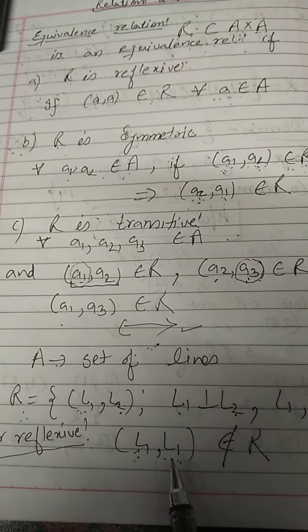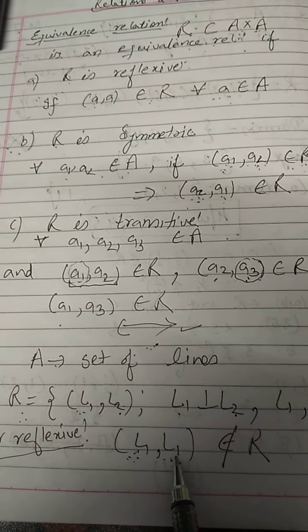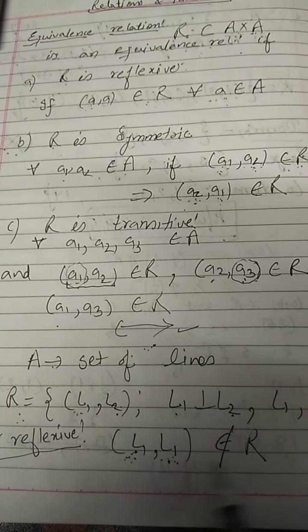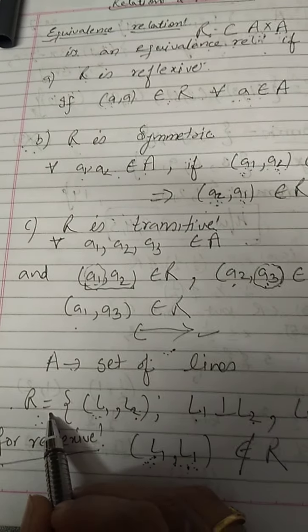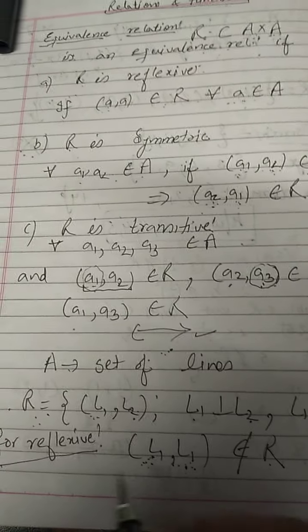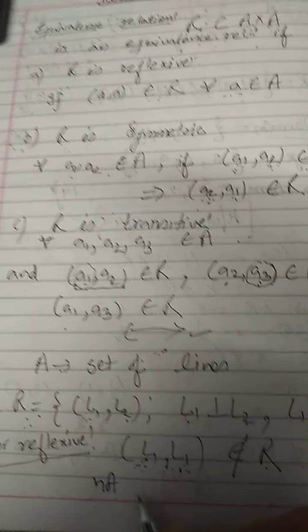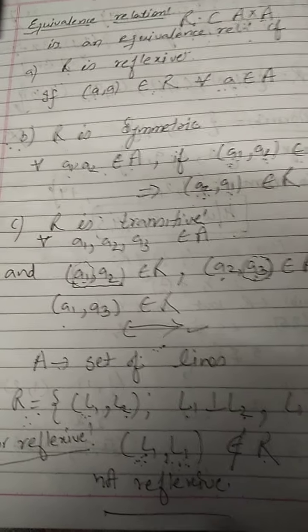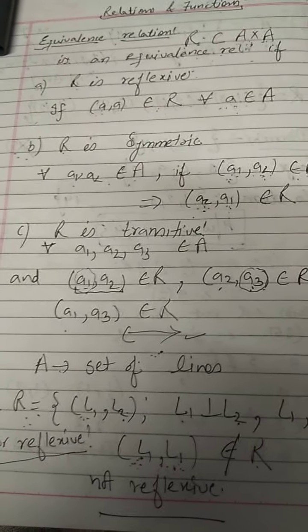But here, when I take the first element and the second element as the same line, I cannot say this line is perpendicular to itself. So this ordered pair does not belong to the relation. So it is not symmetric. Sorry, it is not reflexive. Right? Okay, this is done.